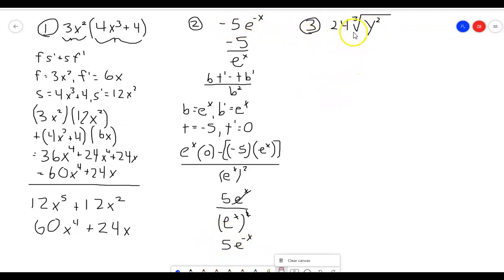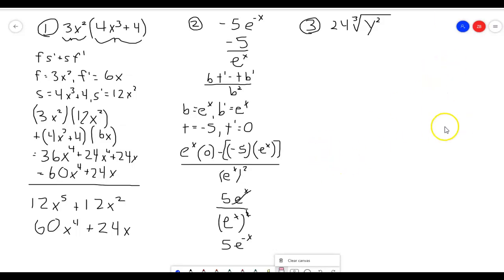All right, this last one here is 24 times the cube root of y squared. Whenever we're dealing with radicals and derivatives, one thing we always want to do is convert those radicals into exponential form. So let's make sure we know how to do that.